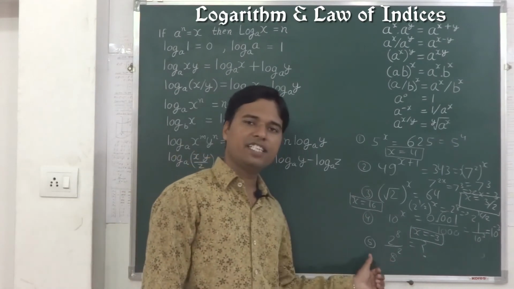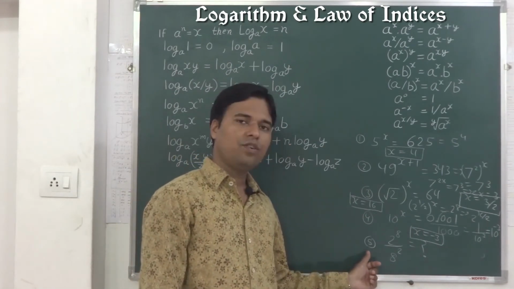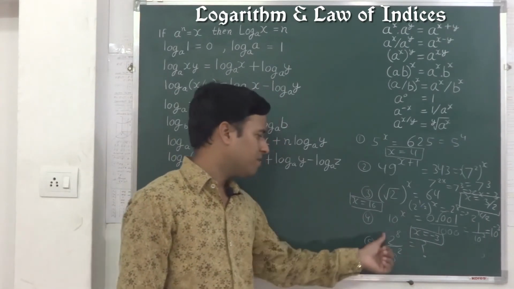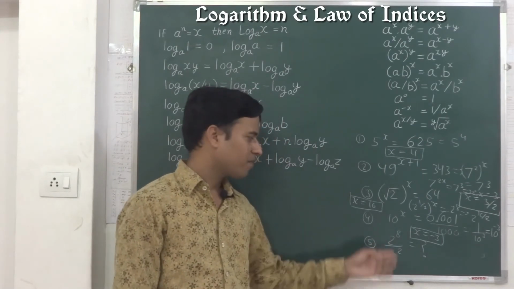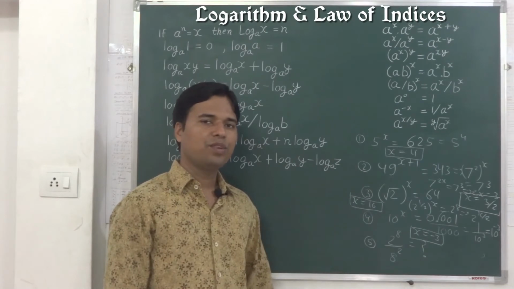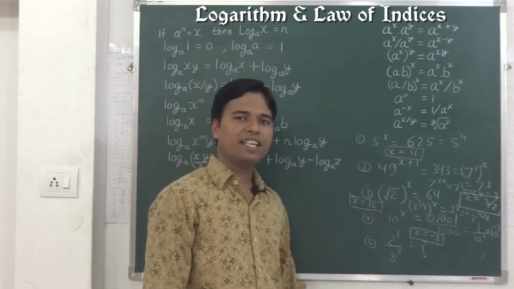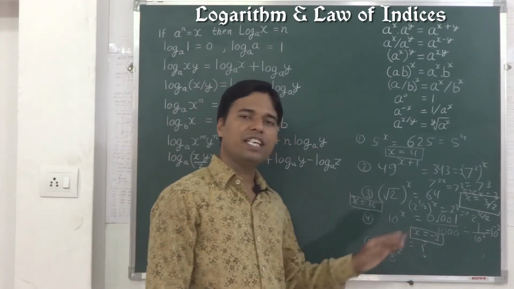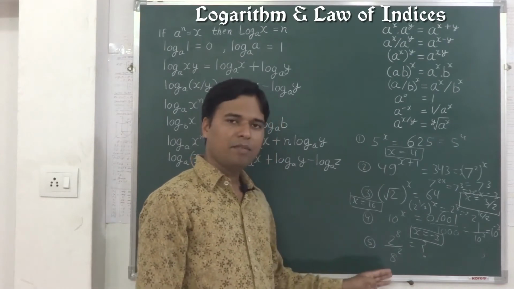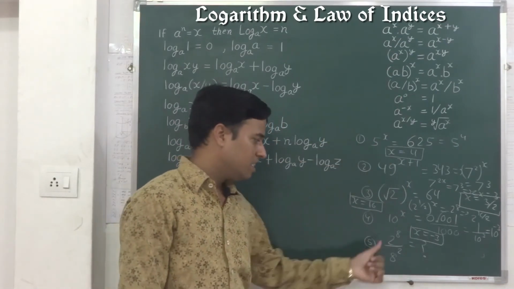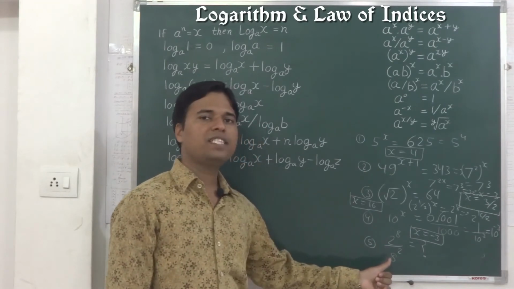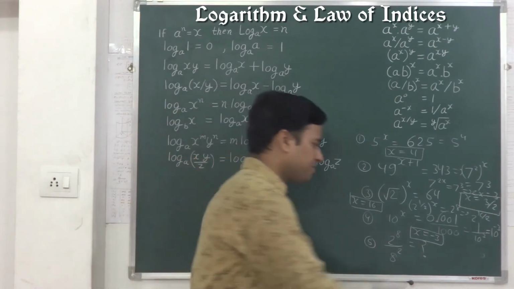Now here is the fifth problem of the law of exponents: 2 power 8 upon 8 power 2. These two terms cannot be cancelled out with each other, but if we want to use the law of exponents, then the base must be changed to the same number.